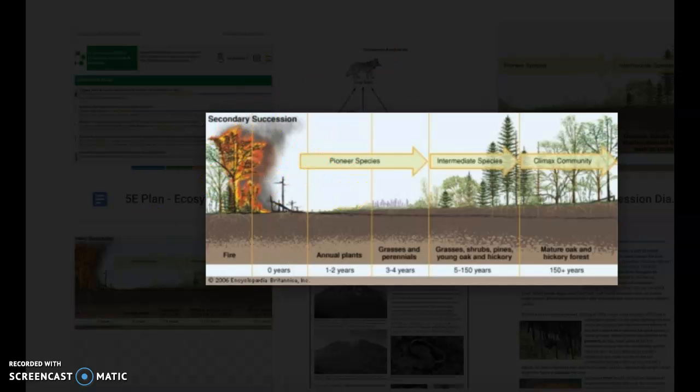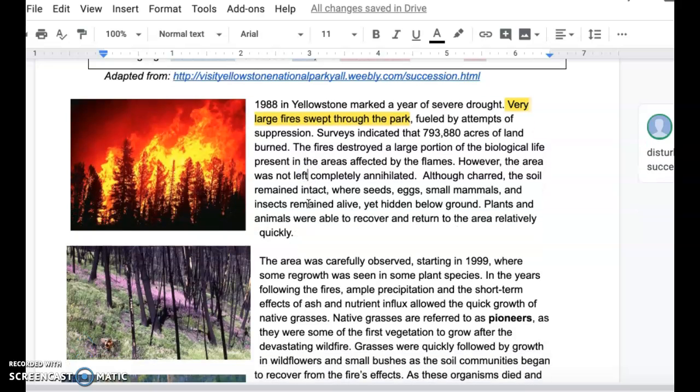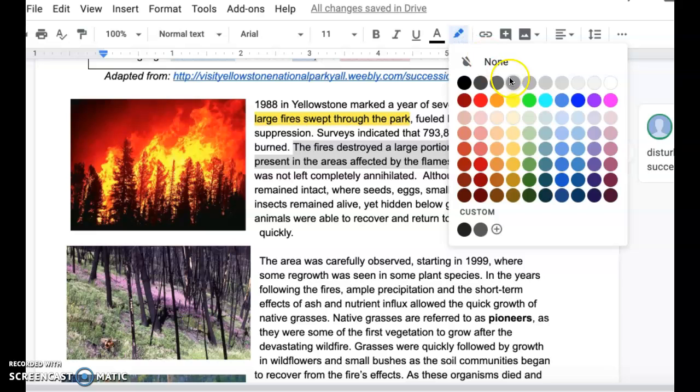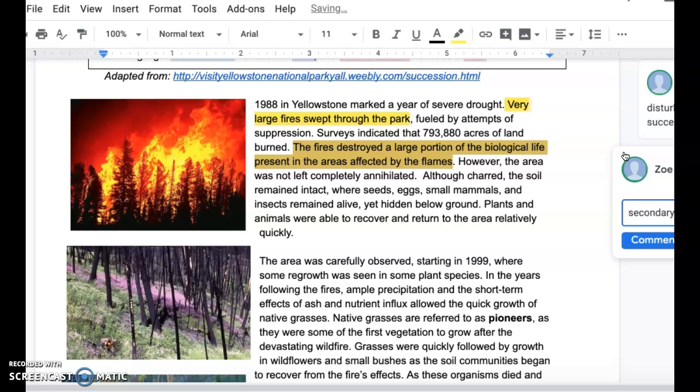Other disturbances that break up an already established community and destroy it cause it to be completely reestablished. So let's see what happens. The fires destroyed a large portion of the biological life present in the areas that were affected by the flames. So I'm going to highlight that and put it as a clue for secondary succession.